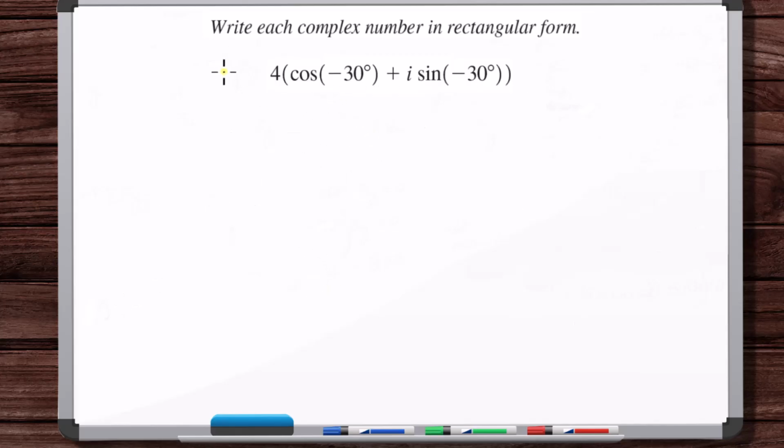Okay. We're just going to distribute this. So, okay, cosine of minus 30. So minus 30 is obviously in the fourth quadrant with reference angle 30 degrees. So let's see, we've got minus 1.